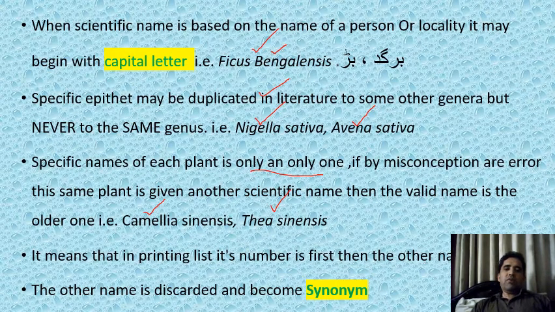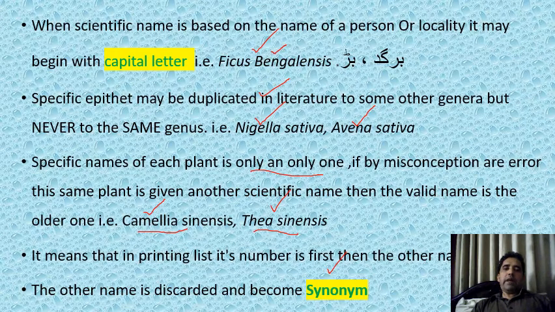Now, the first one, Camellia sinensis, becomes the valid name, and Thea sinensis becomes a synonym. How does this occur? When these names are published in some journal, the older name, for example this one, was published first and this was published next, then this name becomes the valid name and this one becomes a synonym.